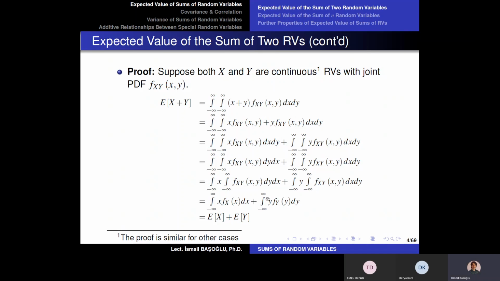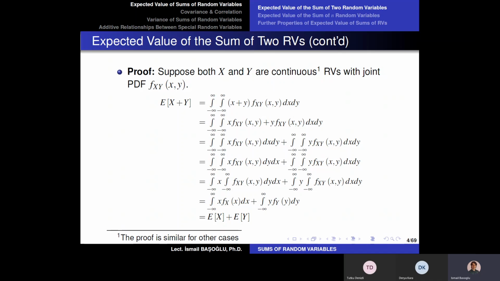Okay, so in the first integral, we have x times the marginal PDF of x integrated through the whole domain of x, and in the second integral, we have y times the marginal PDF of y integrated over the whole domain of y, and therefore the first integral is the expected value of x, and the second integral is equal to the expected value of y.